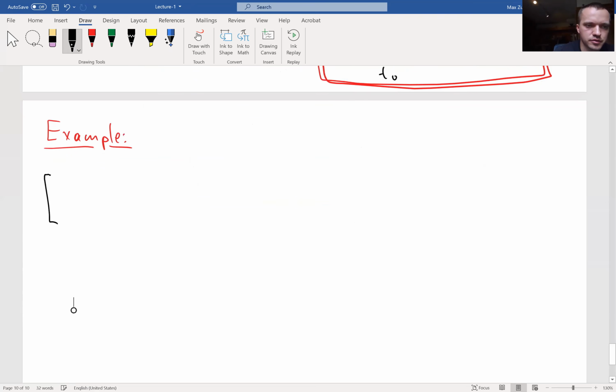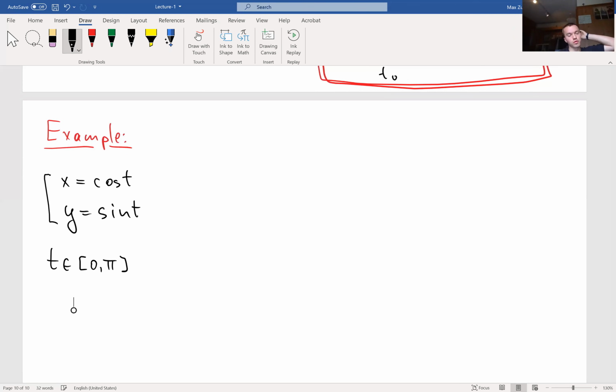Let's try this one. So let's take x is equal to cosine t, y is equal to sine t, and let's say t changes between 0 and pi. So for all these problems, what I strongly recommend in this multivariable calculus class is that it's really important to be able to visualize.